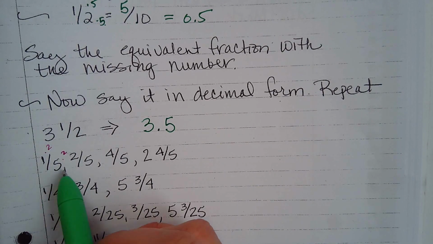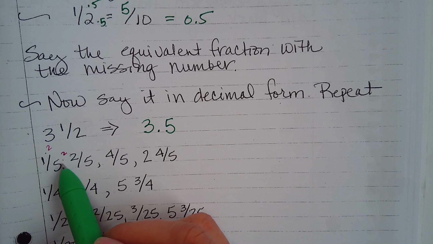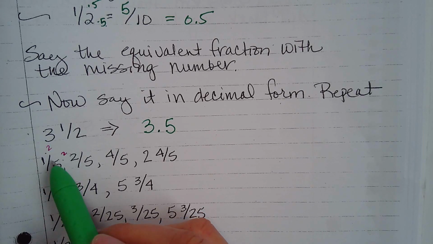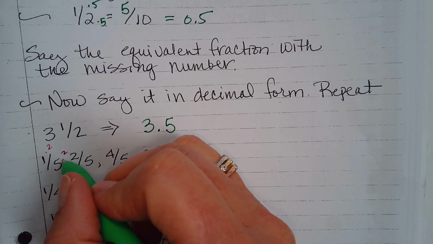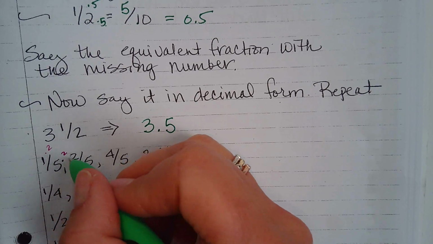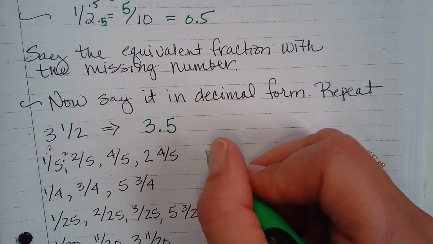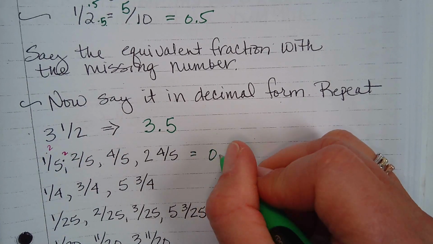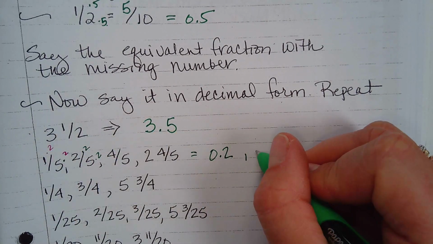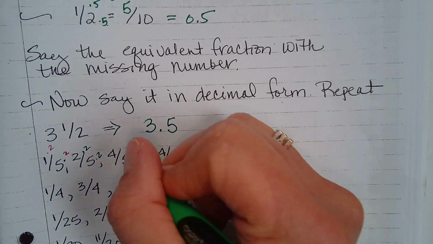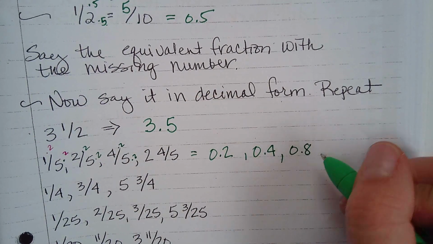Now, my trick for you, whenever you're being asked to do something like that, is always convert your fraction into tenths, hundredths, or thousandths. And you do that by multiplying. So 5 times 2 gives you 10. And whatever you do to the bottom, you do to the top. So that would be 2/10. Multiply by 2, multiply by 2. That would be 4/10. Multiply by 2, multiply by 2. That's 0.8.